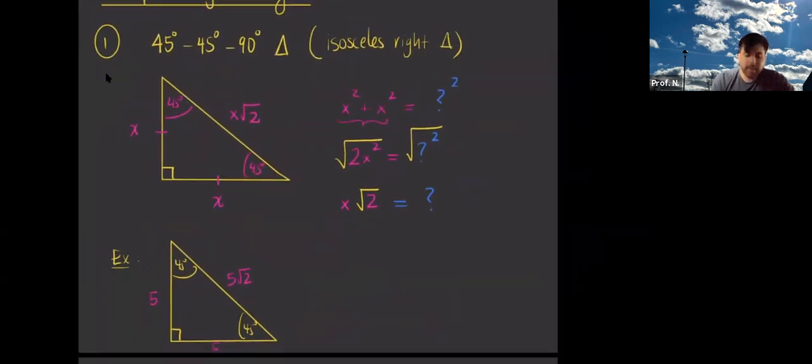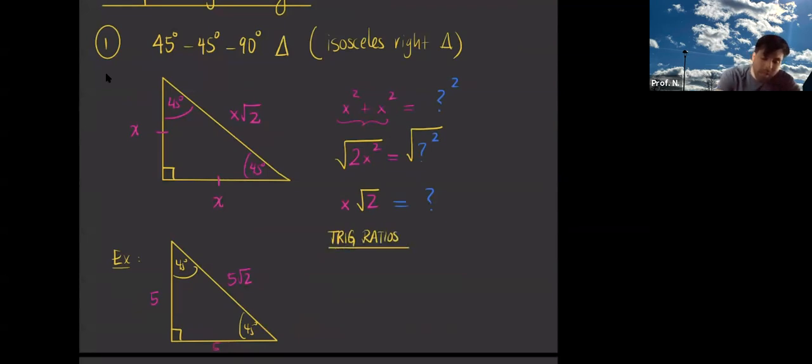Now, why do I care about these right triangles? Because now I can find a lot of things. For example, I can find what sine is. So let's go to trig ratios now. What is sine of 45 degrees?